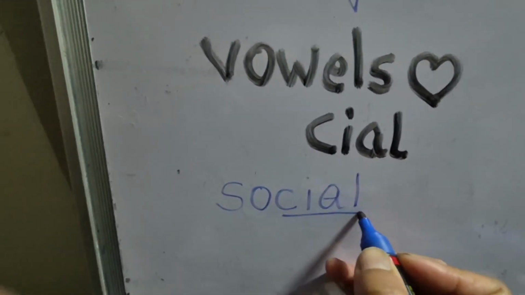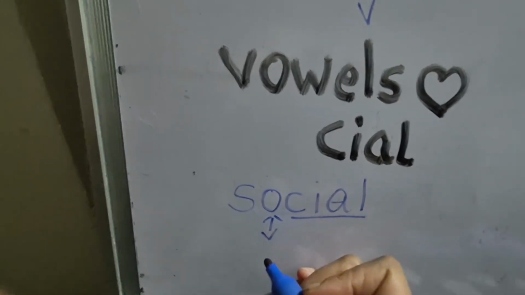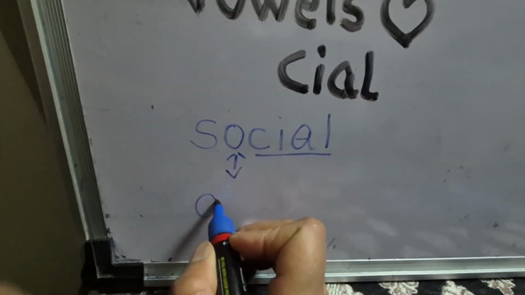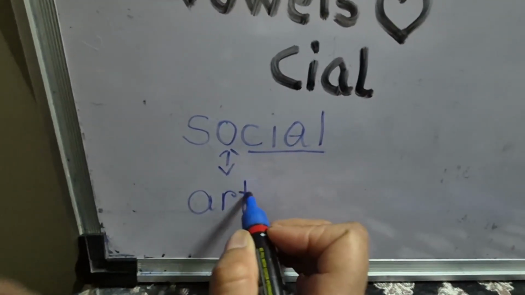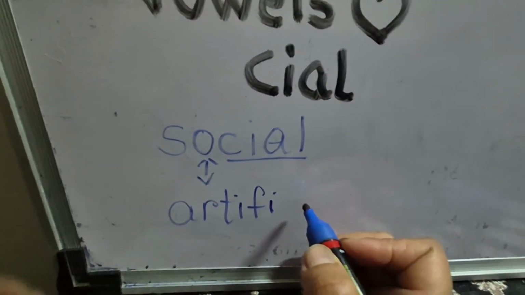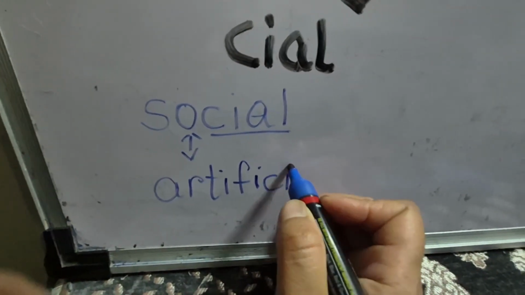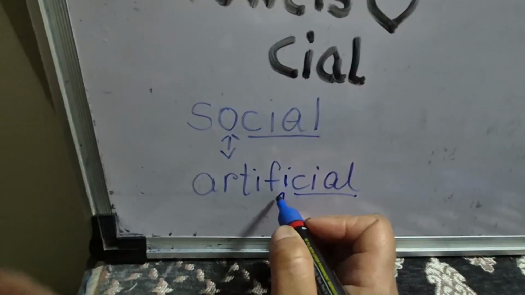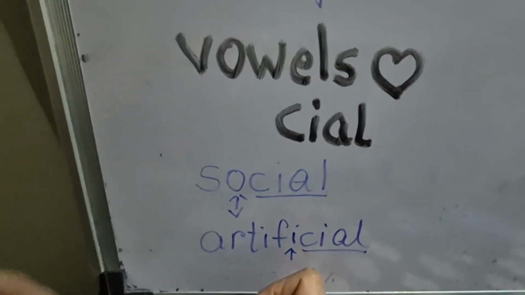Cial. Okay. And here is the vowel, right? Artificial. ARTIFICIAL. Again, cial. Here the vowel is I. Understood?